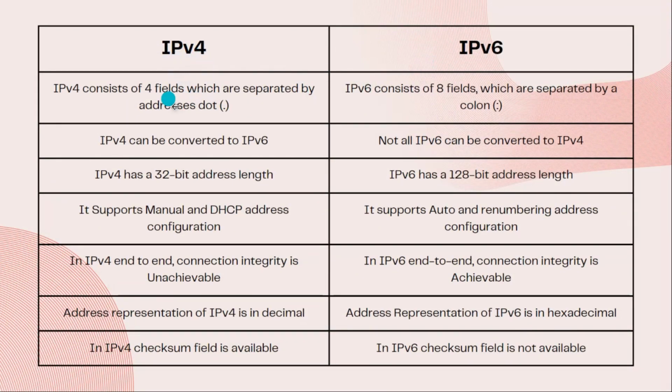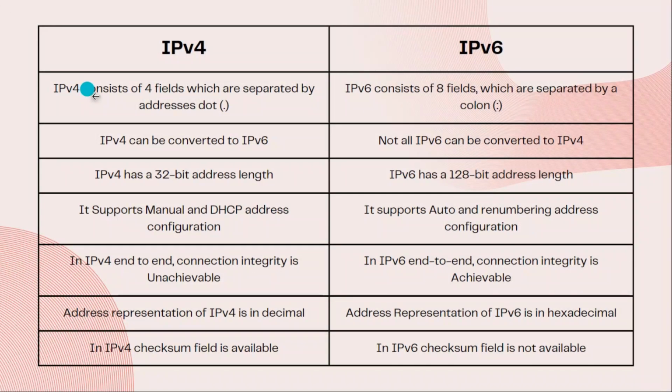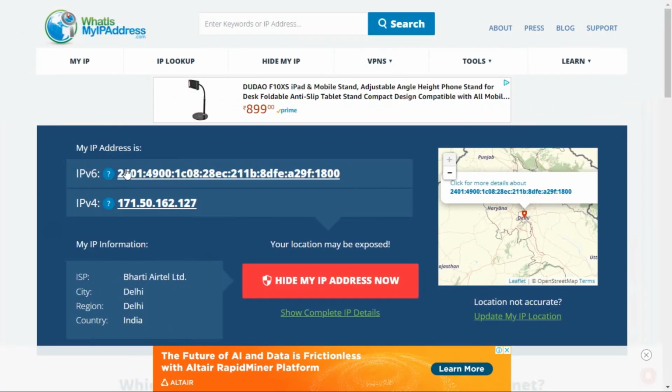IPv4 consists of 4 fields, which are separated with dots, right? And IPv6 consists of 8 fields which are separated by colons, right?